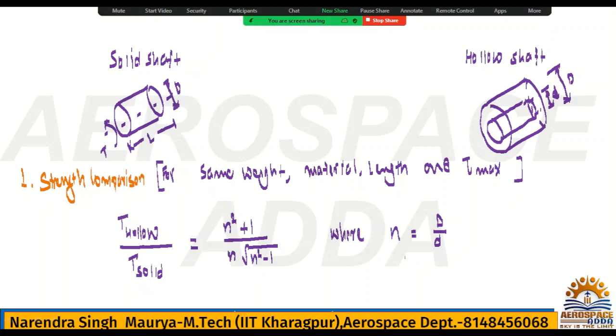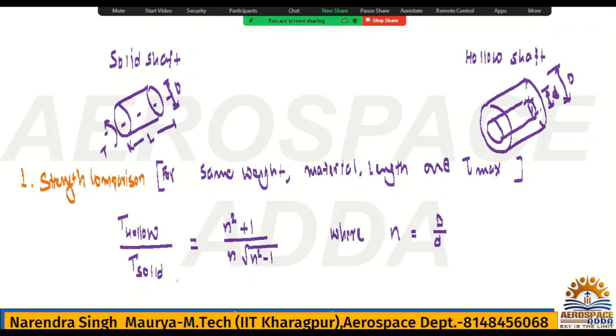You can say external diameter of the hollow shaft, which is nothing but capital D, and internal diameter is nothing but small d. So if you compare this, this result you will get, number 1.